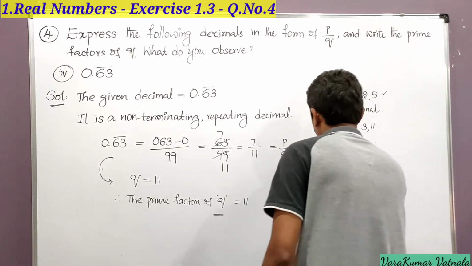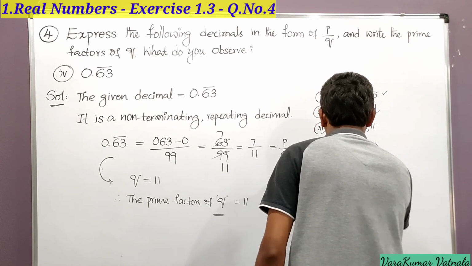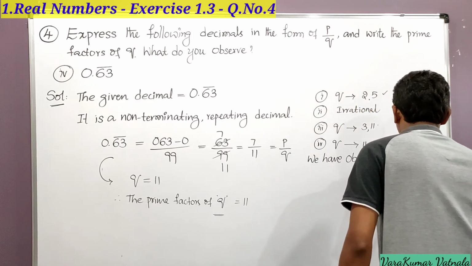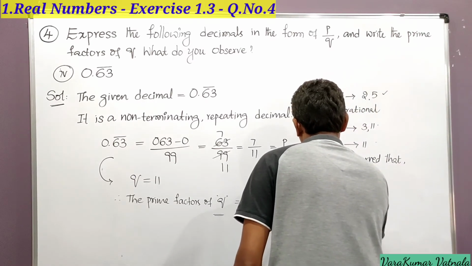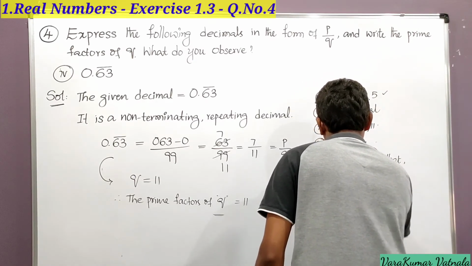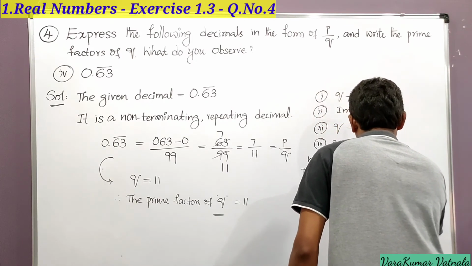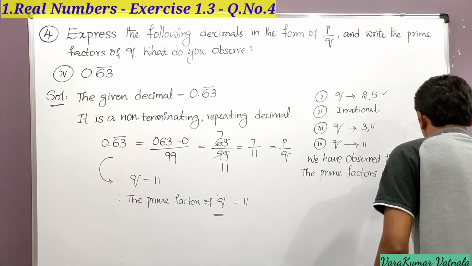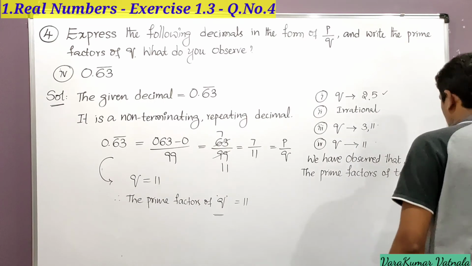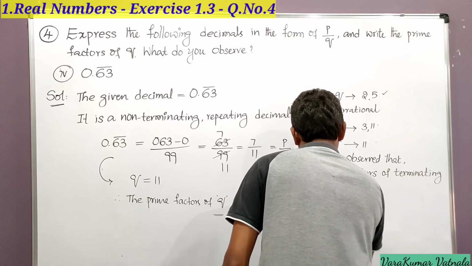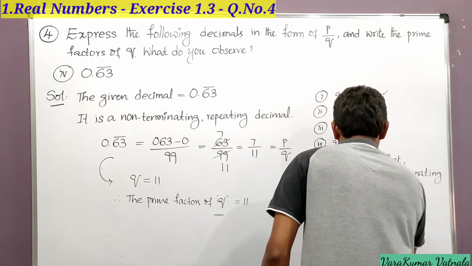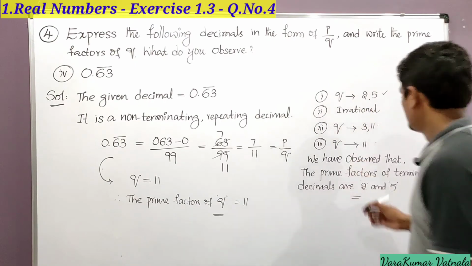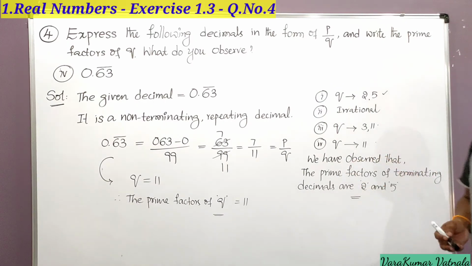Therefore we have observed that the prime factors of q for terminating decimals are 2 and 5.